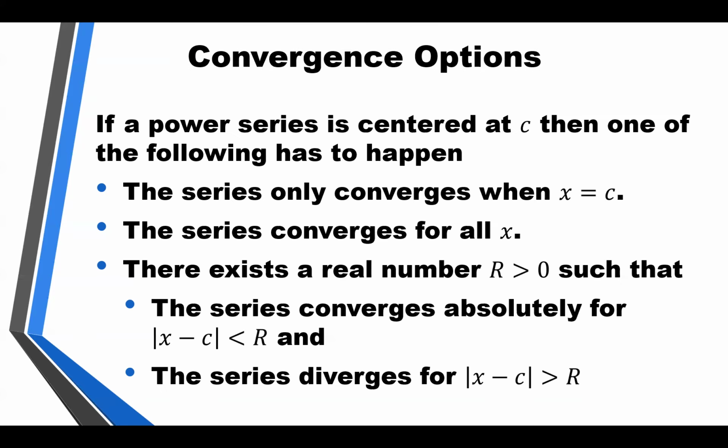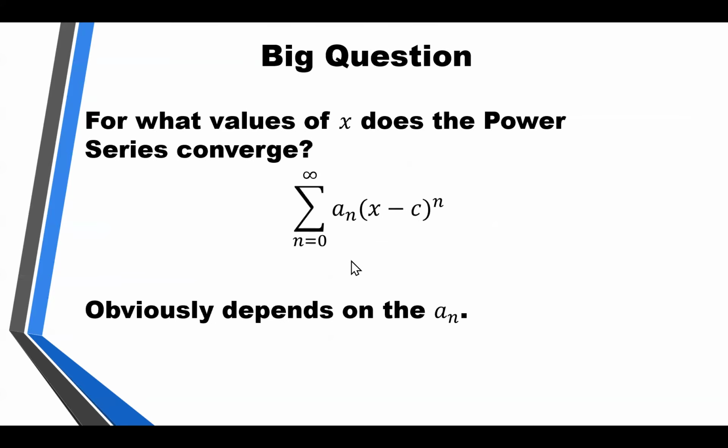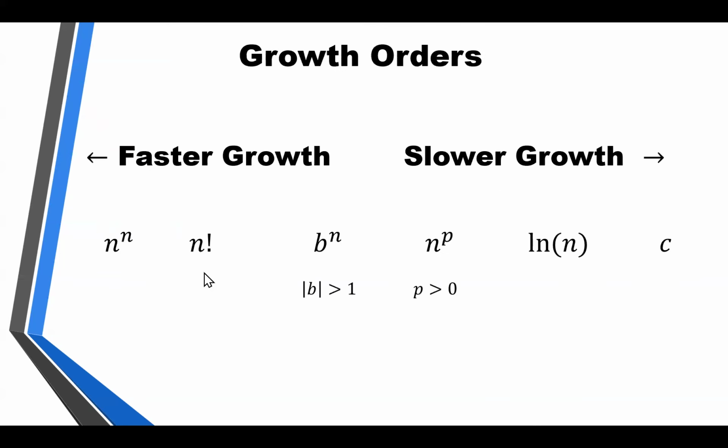By the way, just as a little added thing, I kept saying that exponential growth dominates. We always have exponential growth around: x minus c raised to the nth power. In a power series, we're always going to have this pattern where I have at least one x minus c raised to the nth power. So I will always have exponential. The question is, do I have any other higher growths than exponential?